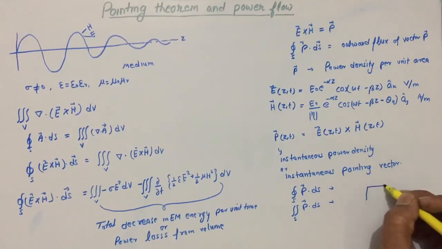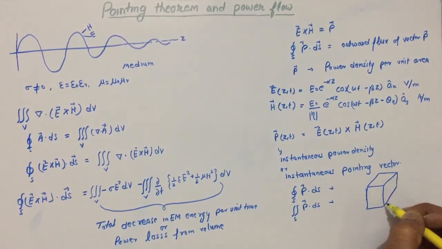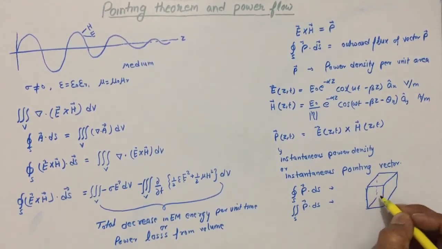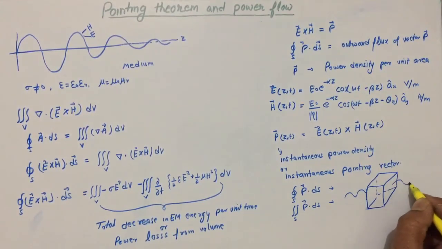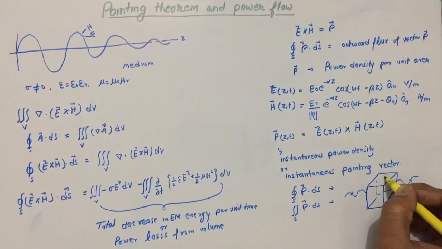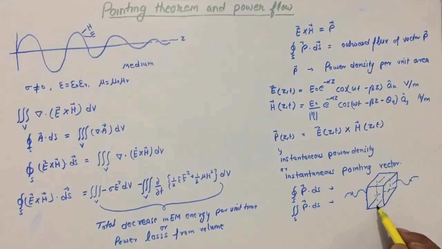For example, there is a cube and a wave is propagating from here and it comes out like that. In this case, at any surface, if we try to find the power in the wave which is crossing this surface at any instant, then that is this.